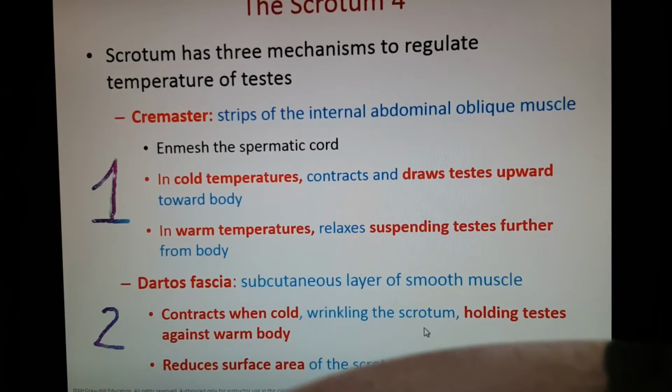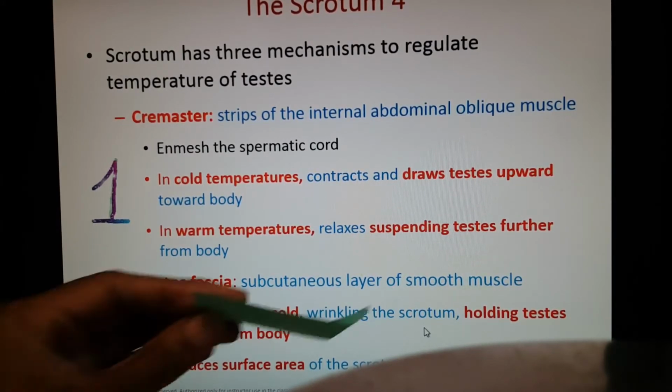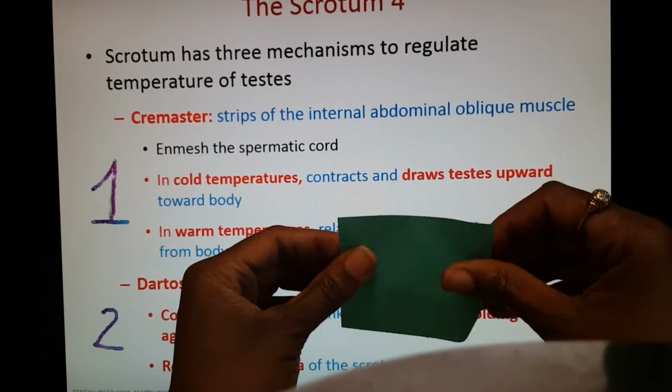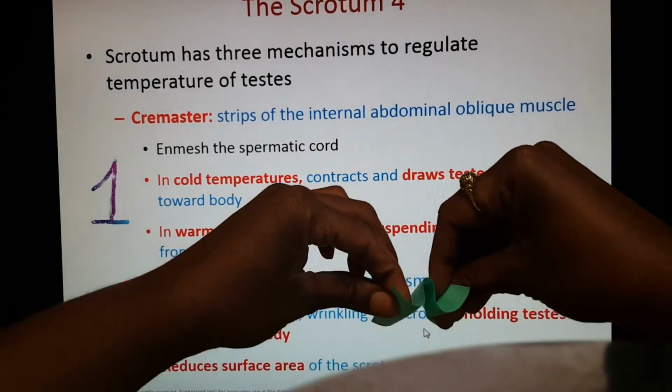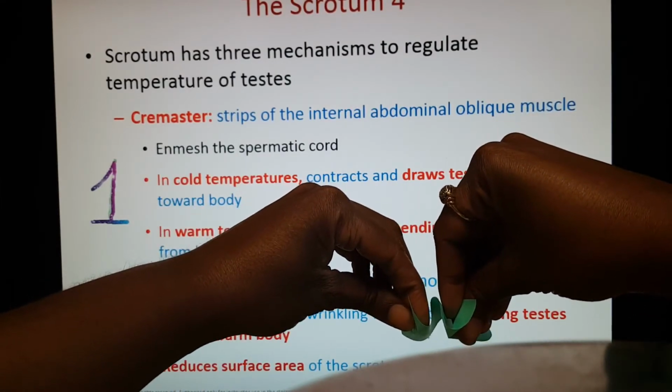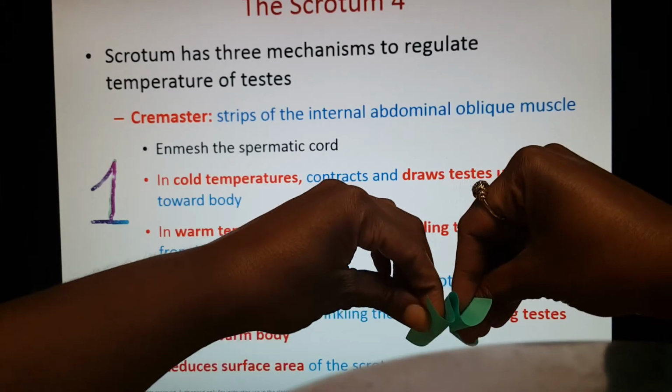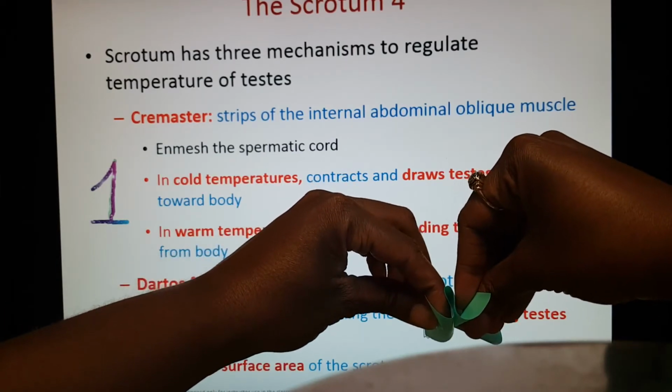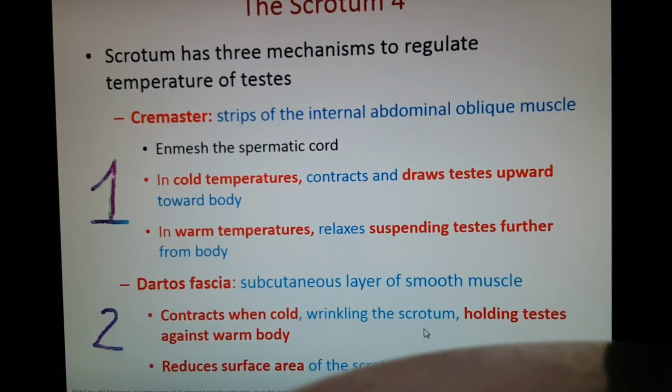You go from having a certain surface area for the scrotum, and when it wrinkles up, it shortens how much space there is to lose heat from. That helps to keep the testes warm even though it's cold outside, by reducing the surface area and therefore preventing heat loss from all that surface area being exposed to the outside environment.